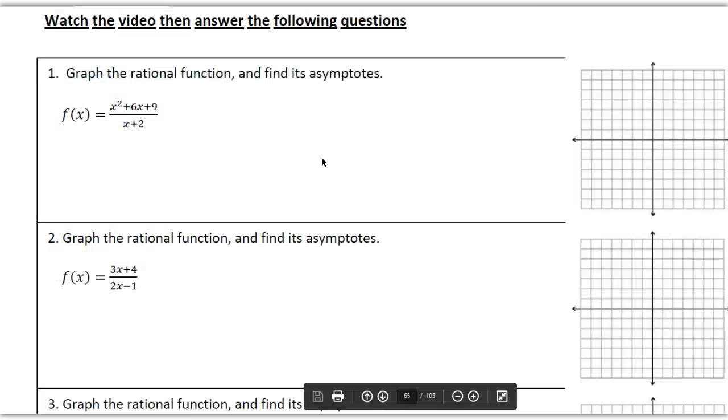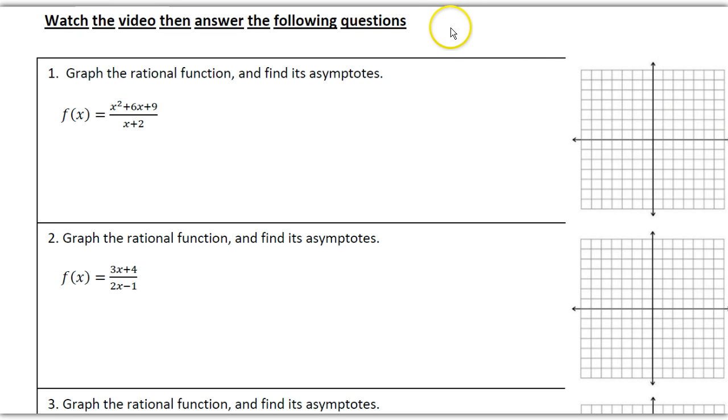Now on page 65, let's put that here as a reference. We're asked to graph this rational function and to find its asymptotes.